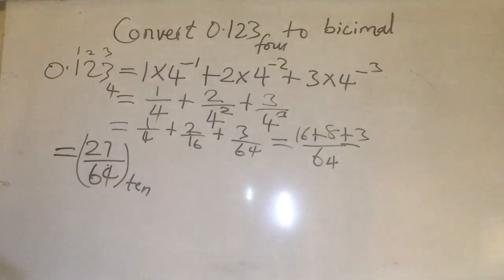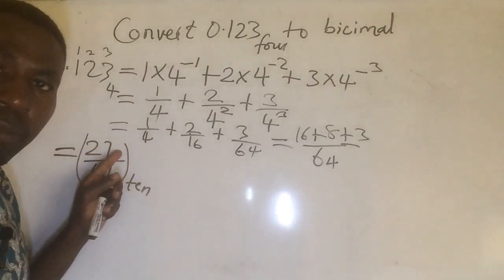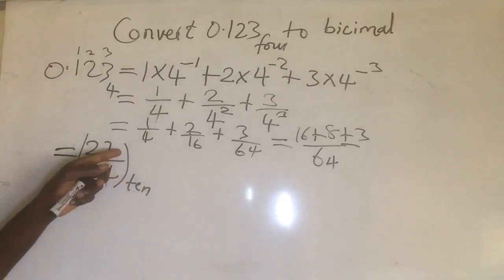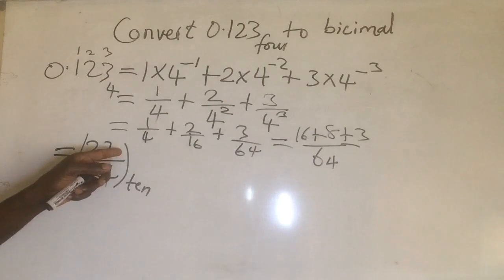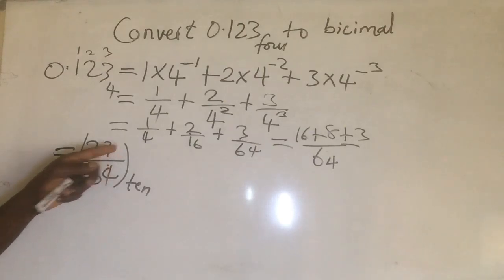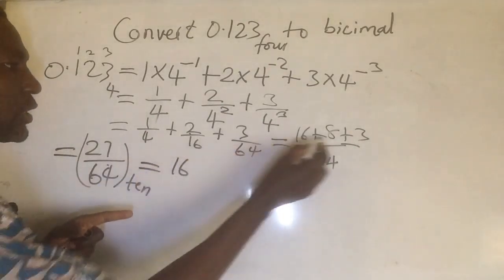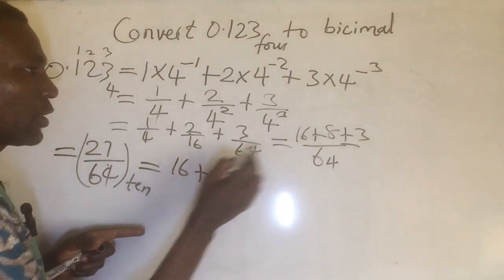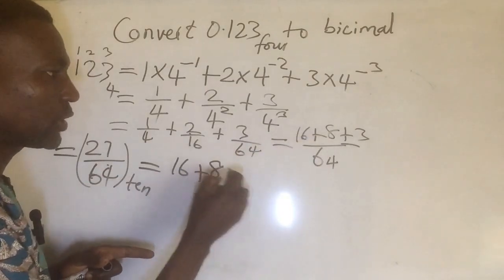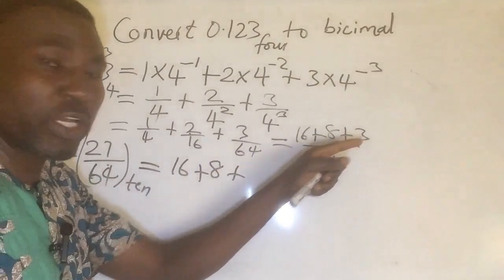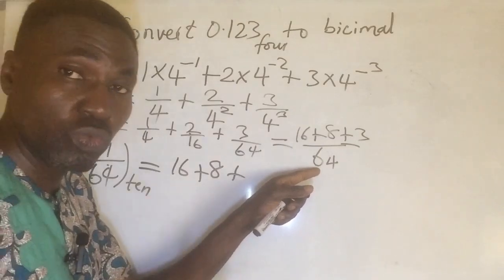Now let's convert this number to base 2. We break the 27 down. So when we break it down, we will have 16 plus 8 plus 2 plus 1, all over 64. We cannot use 3, because 3 will not help us reduce this number to base 2.